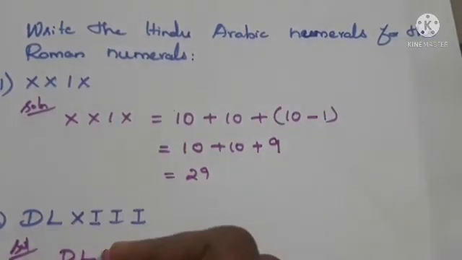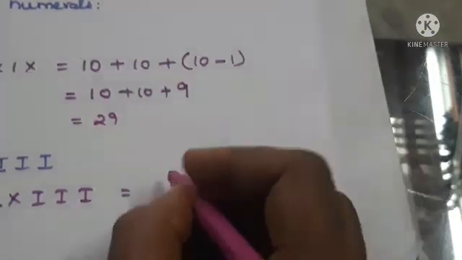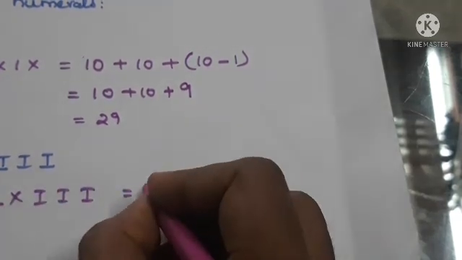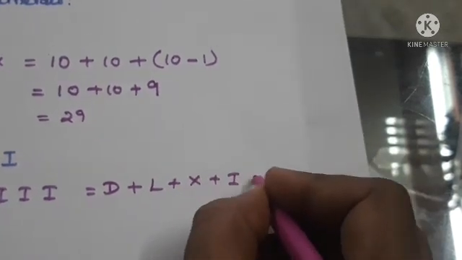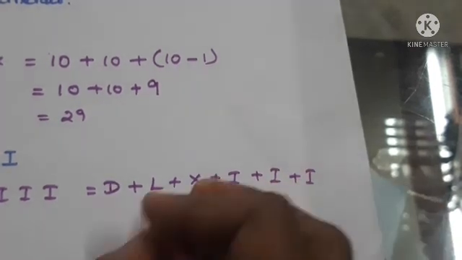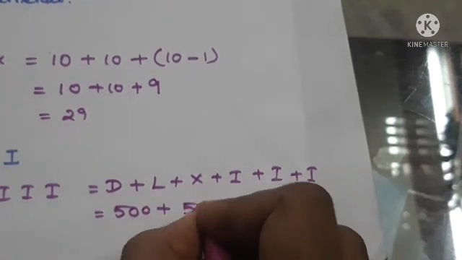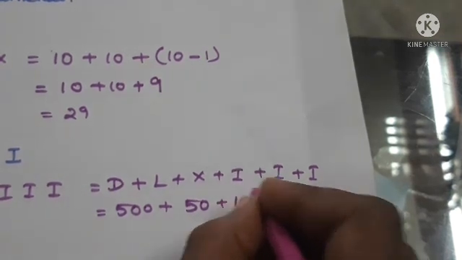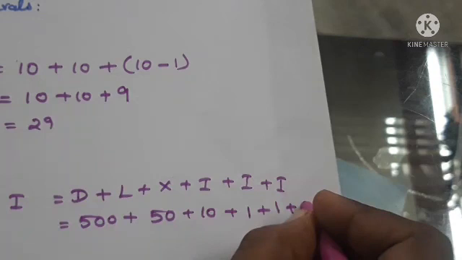So D, L, X, I, I, I. That is equal to D plus L plus X plus I plus I plus I. D means 500, then plus L means 50, then X means 10, so we write plus 10. Then I is 1, and next also I means 1, plus 1.